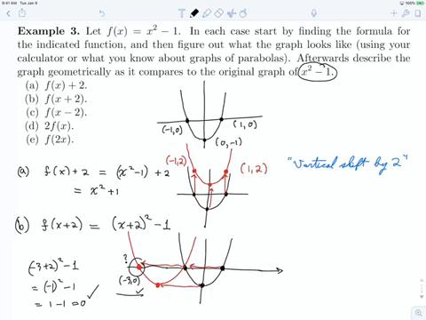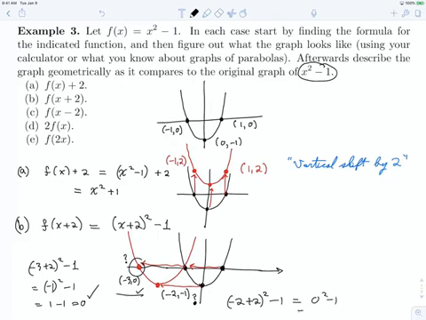I can show you another point like that as well. So the one on the left here should be (-2, -1). Is it? Well, let's find out. We'll plug in (-2 plus 2) squared minus 1. I'm plugging it into the formula for f.